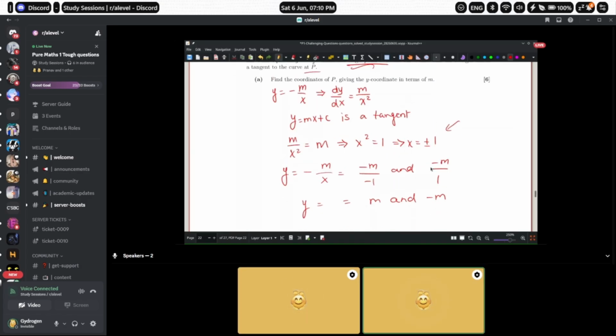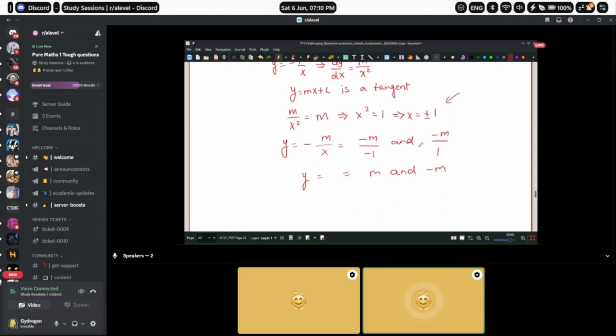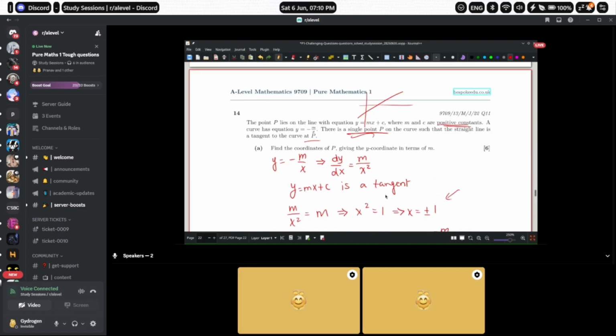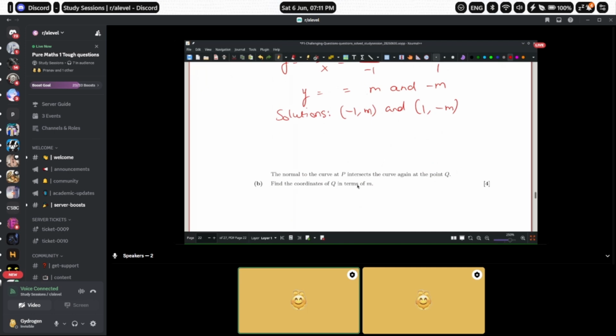But if you try inputting both of the points into the linear equation once, the solutions are minus 1, m and 1, minus m. Wait, c has to be positive, so just double check. Yeah, that makes sense.